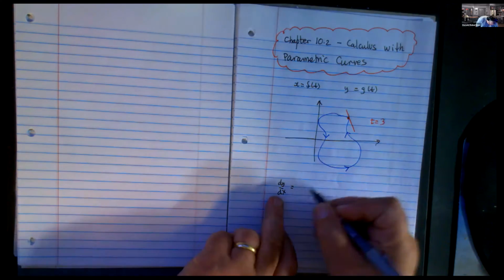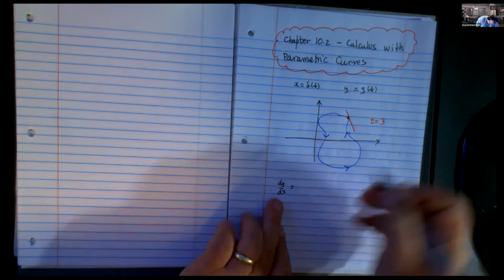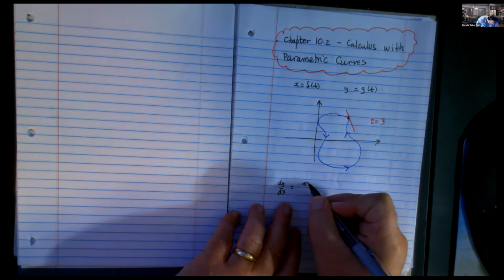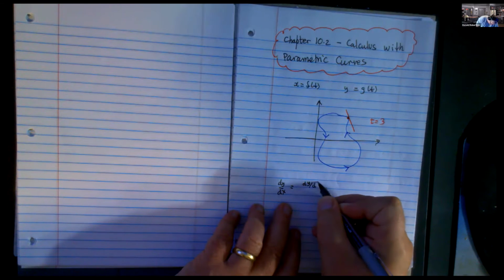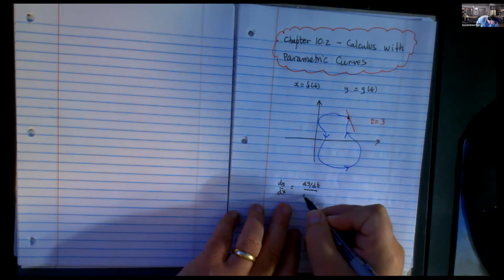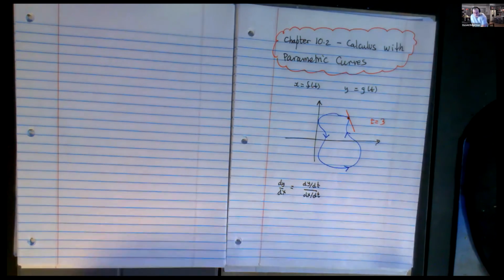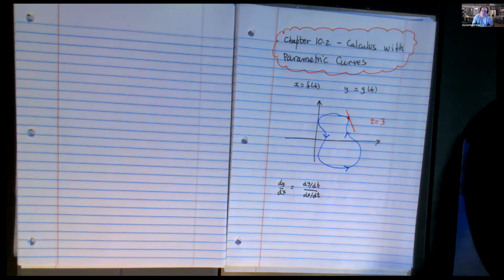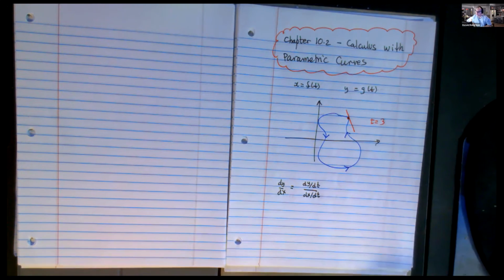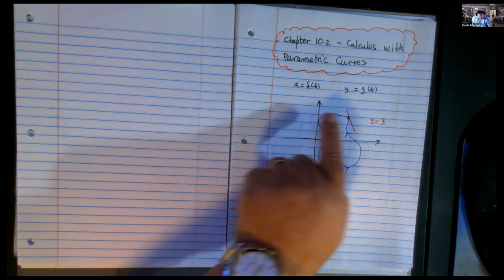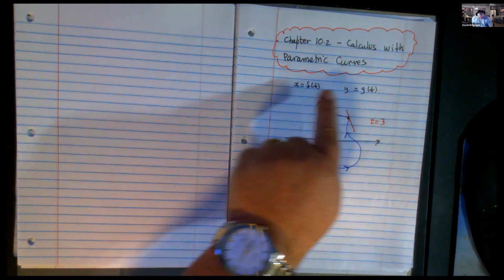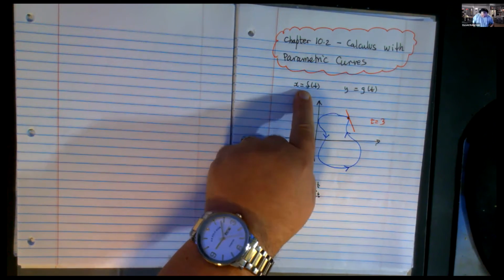The derivative at that point is given by this formula. Well, is it not remarkably neat? All you do is differentiate this guy with respect to t divided by this guy with respect to t.